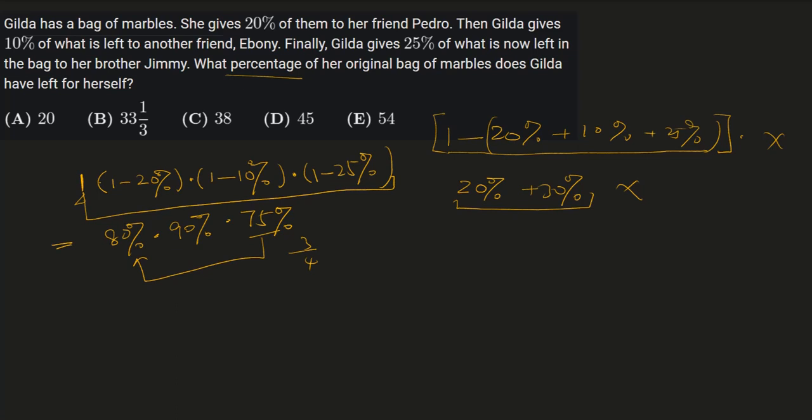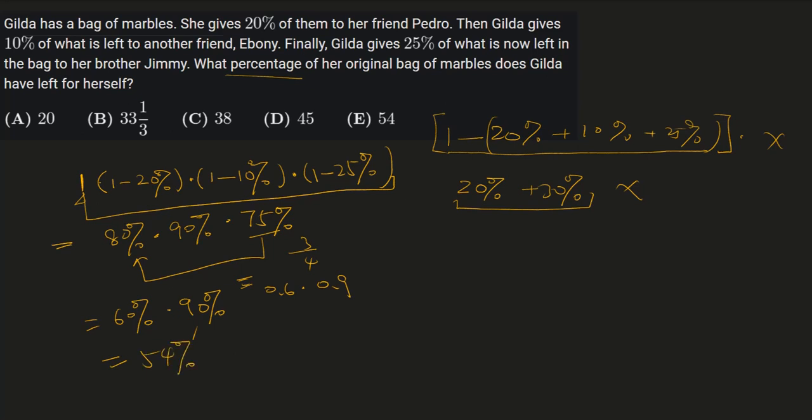So 3/4 of 80% is 60%. And then times 90%. So this is equivalent to 0.6 times 0.9. So 6 times 9 is 54. Therefore, the final answer is 54%.